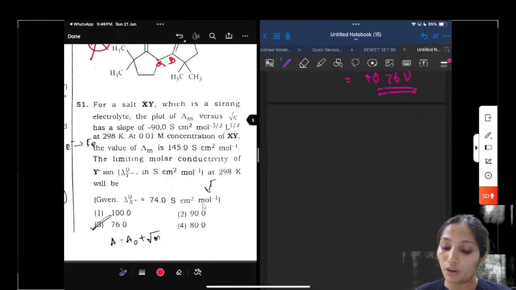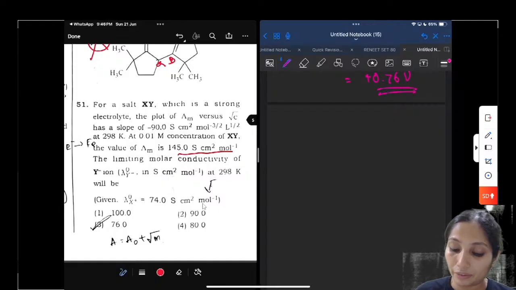At 0.01 molar concentration of XY, the value of lambda m is 145 Siemens centimeter square per mole. The limiting molar conductivity of Y minus ion at 298 Kelvin will be?